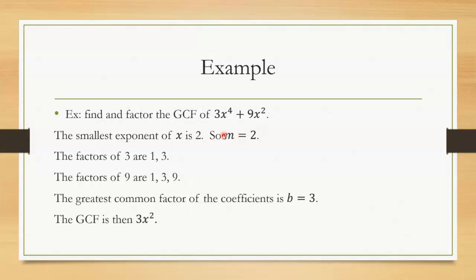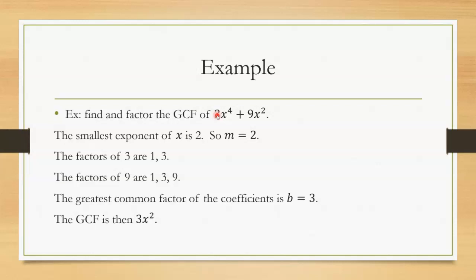Now let's look at the coefficients, 3 and 9. Well, the factors of 3 are 1 and 3 itself, and the factors of 9 are 1, 3, and 9. Okay, so the greatest common factor among 3 and 9 is going to be 3. I mean, you might have known that beforehand because 3 is a factor of 9.